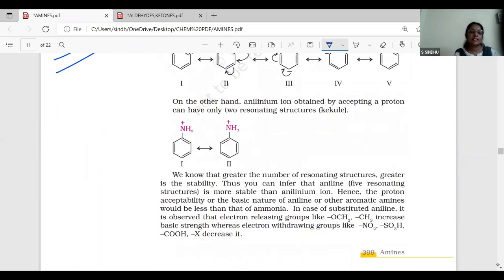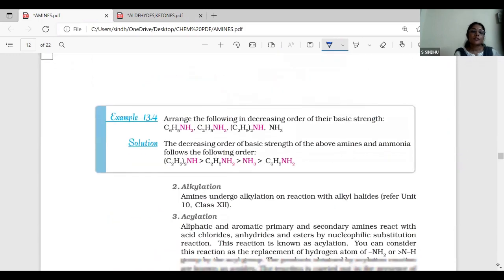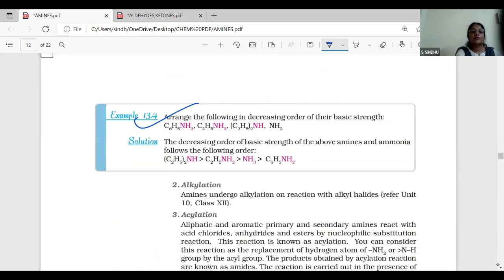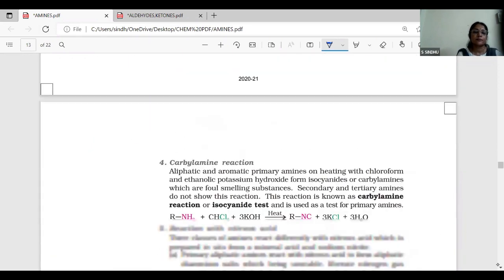So that particular exercise question and the instability of the resultant anilinium ion, we can talk in terms of that also. So a lot of such questions, is it not? So based on all this, there are a lot of questions, and this we'll have to discuss with the children in detail.